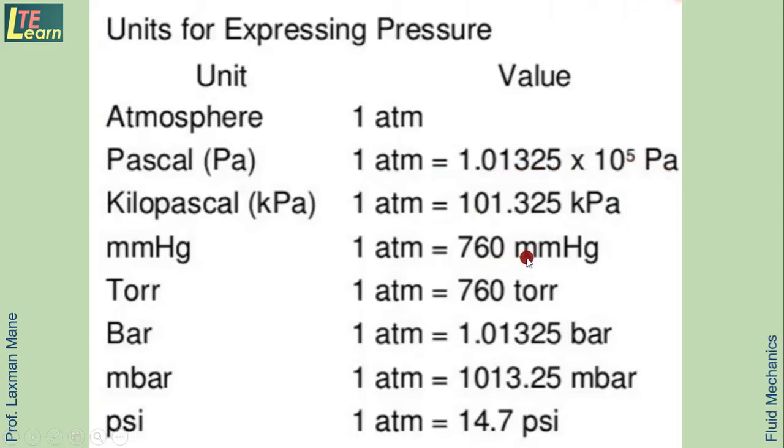In terms of mercury height column, it is given as 760 millimeter of mercury column, which is called as 1 torr. In bar, atmospheric pressure is given as 1.01325 bar. In millibar, this is the value given, and in pound per square inch, 1 atmospheric pressure is equal to 14.7 psi.